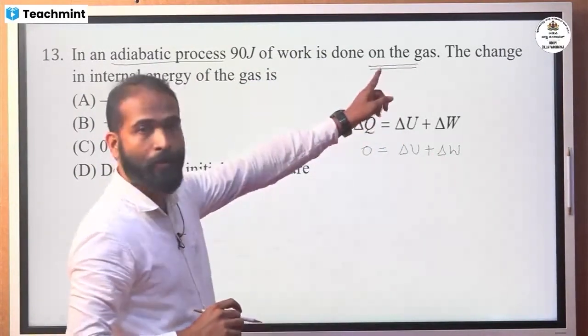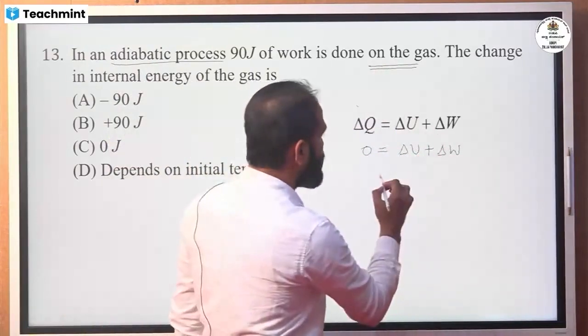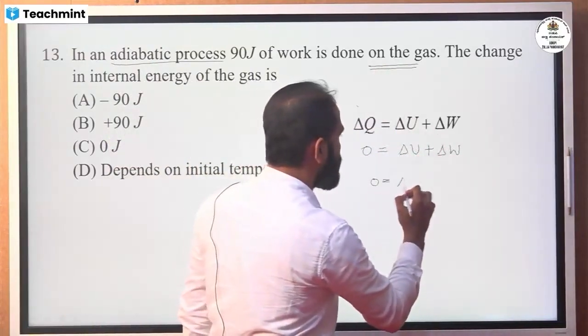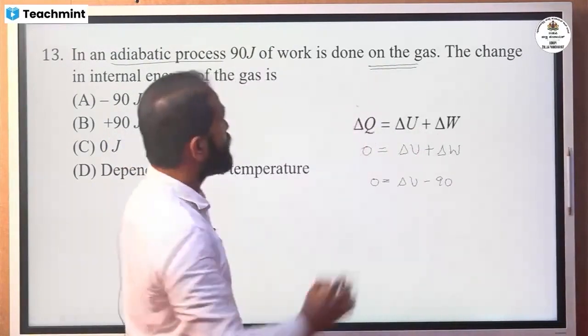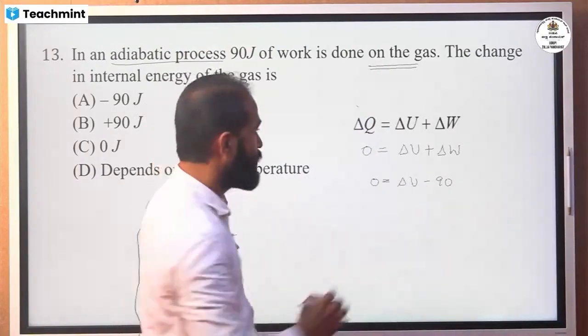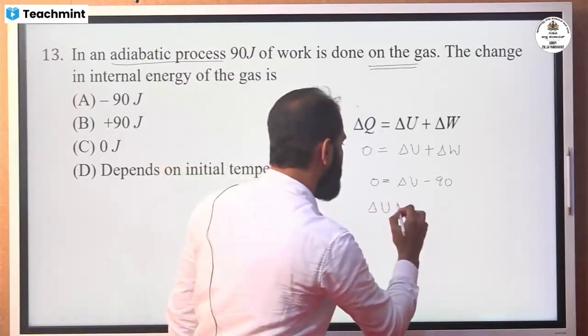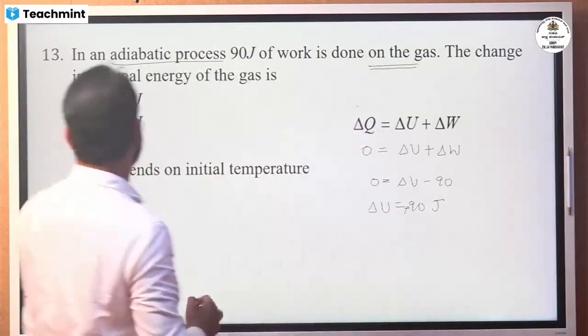The work is done on the gas. So if work is done on the gas, work done will be negative. So 0 is equal to delta U minus 90. If they had given work done by the gas, then we should substitute this as plus 90. So finally, we get the change in internal energy as 90 joules. That is plus 90 joules. That is option B.